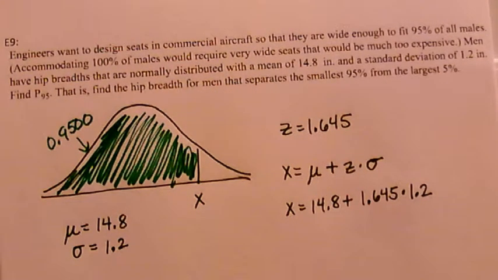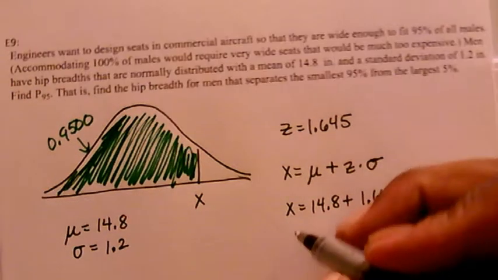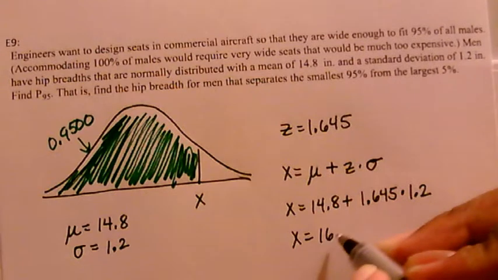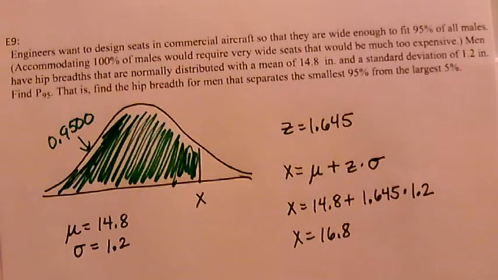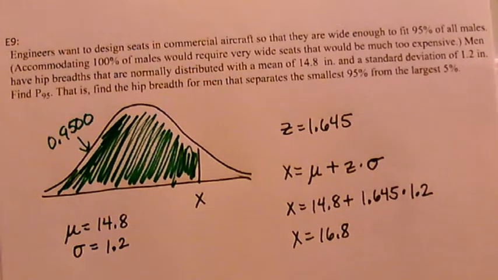So now you have 14.8 plus 1.645 times 1.2. That will give you approximately 16.8 to one decimal place. So the hip breadth for men that separates the smallest 95% from the largest 5% would be 16.8 inches.